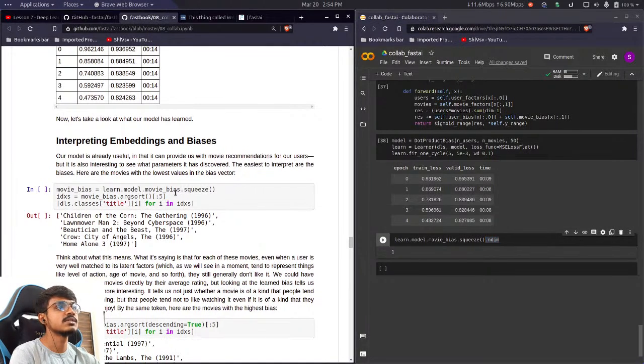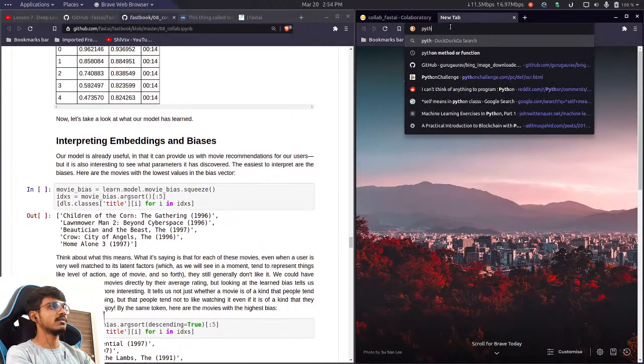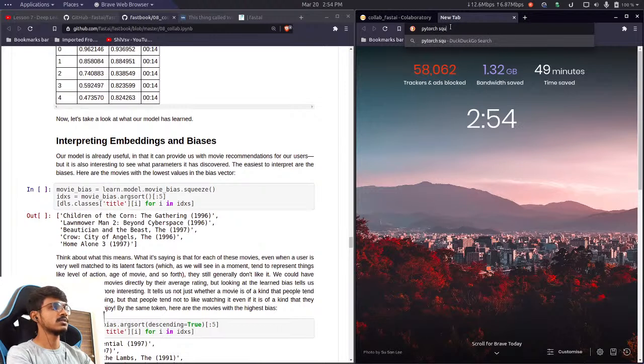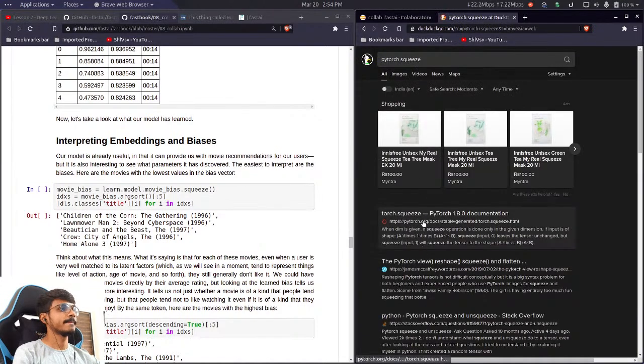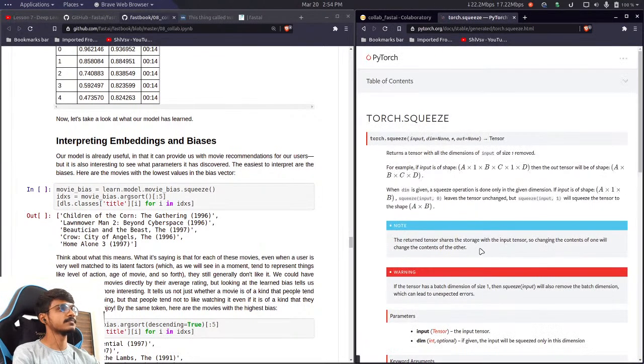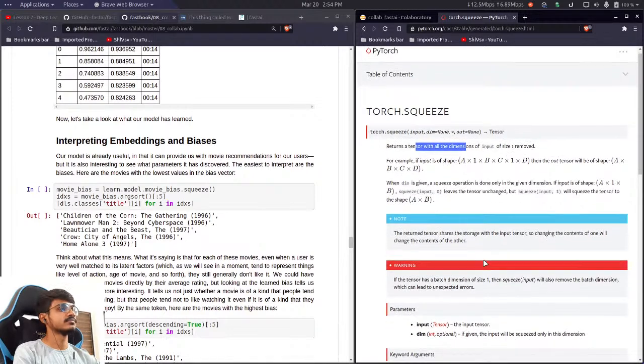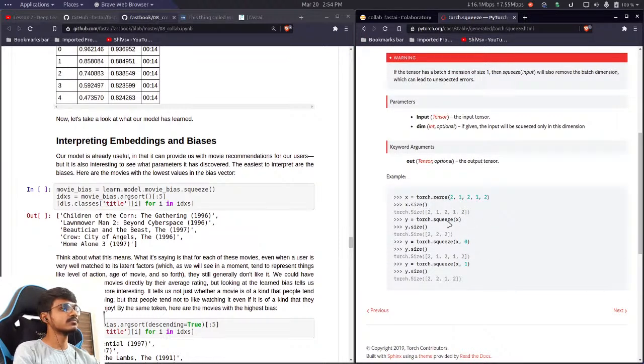Then why are we using the squeeze? What does it do? Anyway, let me try to find out. PyTorch squeeze. I hope it is from PyTorch. It is from PyTorch. What did it do? It converted this into this. We are passing x.